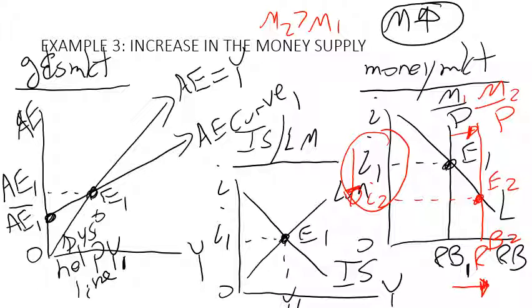Okay, now what happens in the goods and services market? Will it be affected? Of course, these markets are very much interrelated. What starts in the money market will eventually hit the goods and services market, and we already saw on numerous occasions that whatever starts in the goods and services market will eventually move towards the money market.